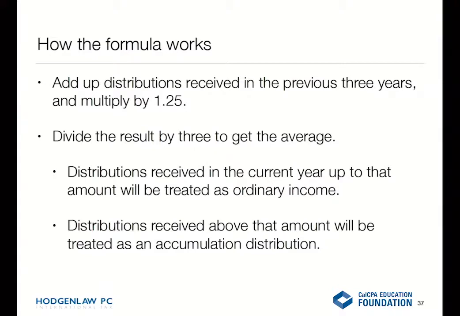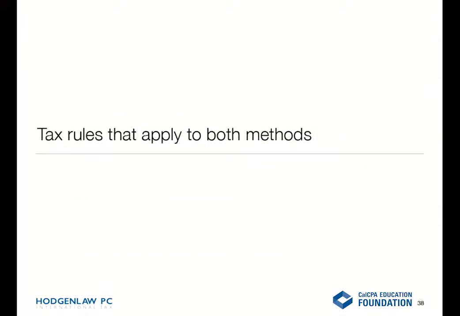You take that result, and distributions received in the current year up to that amount are treated as, quote, current income, taxed at ordinary rates. Distributions received in excess of that amount are treated as the accumulation distribution. Then once you get your accumulation distribution amount, you do a bunch of math and figure out the tax.